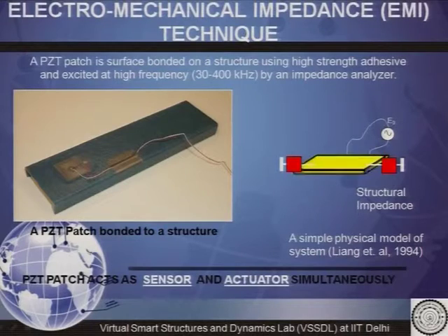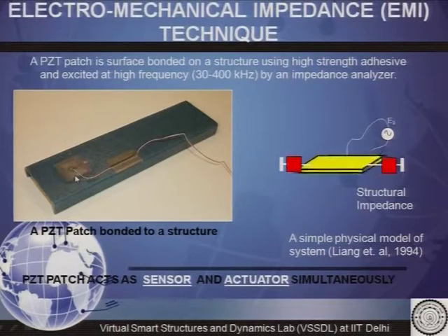You can see a PZT patch is being attached to this host structure, and what is being done in this EMI technique is that we choose a subset of frequencies from this range, and for the first frequency, F1, among that subset, a sine wave signal is generated by the LCR meter and then transferred to this PZT patch.